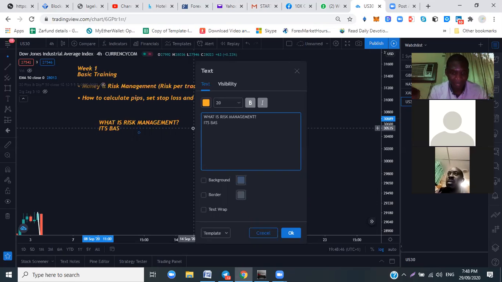It's basically the method of apportioning your funds in such a way as to protect your capital and make good returns on your money.